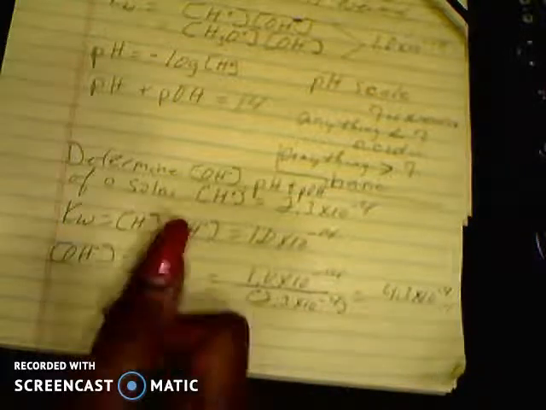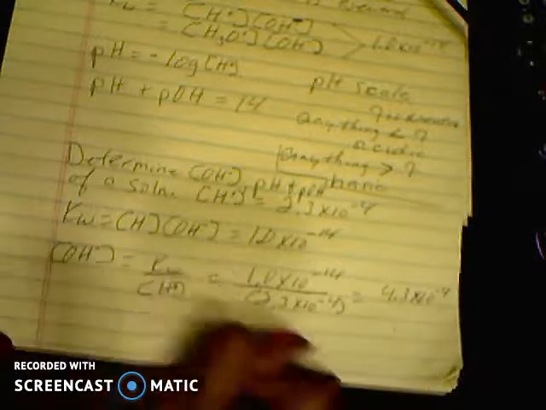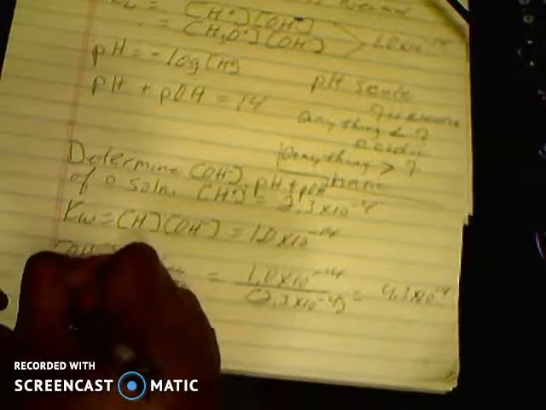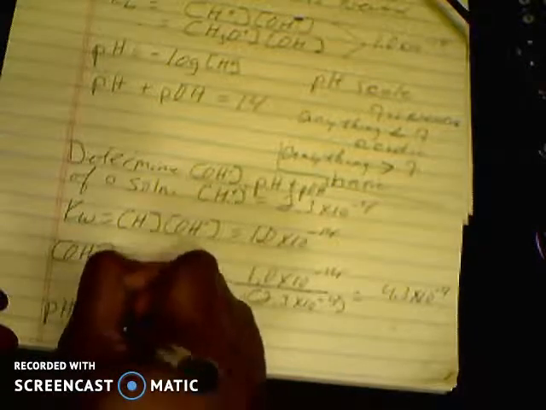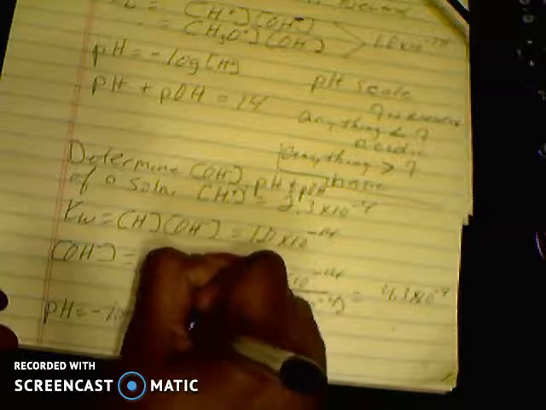Now, let's take a look and see how I would find the pH. Now remember, pH is equal to the negative log of the hydrogen ion concentration.